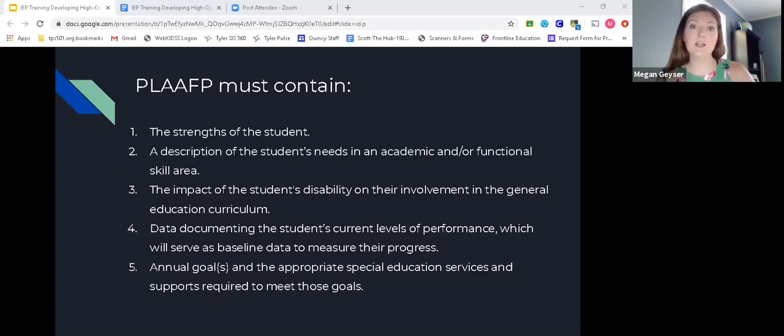However, we also want to focus not just on that personal piece, but we also want to put in how those strengths can allow the student to progress in their general education curriculum. So that might look like, for example, the student has a really great listening comprehension, and this could be information you get from the evaluation report. So how can we take that strength, listening comprehension, and support them in their classroom?